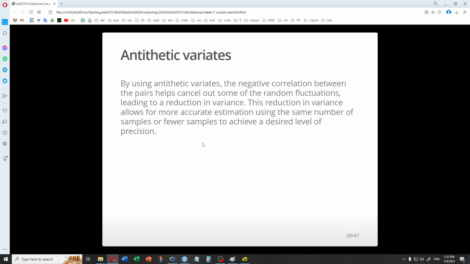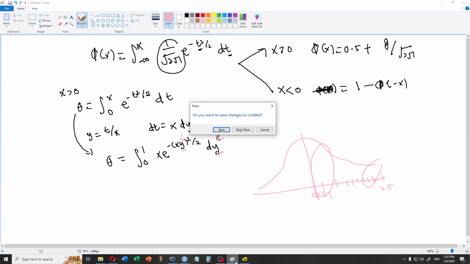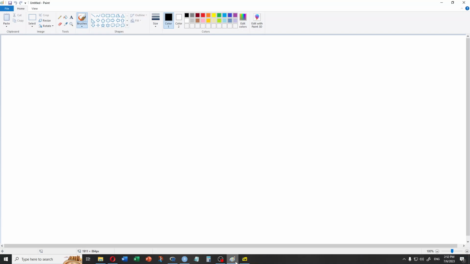Okay, so what does it mean by antithetic variates? This is the standard Monte Carlo procedure. We have x, which is a random number, and we simulate x, and then we get g of x, and we can use the Monte Carlo methods to estimate the expected value of g of x.